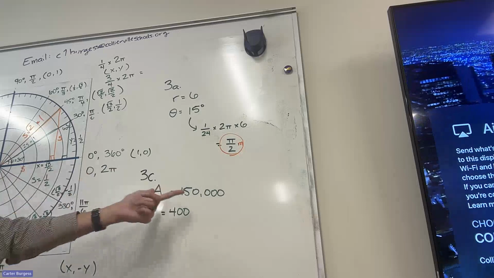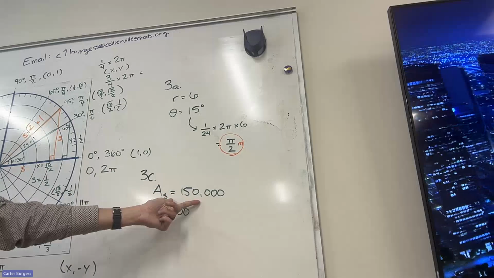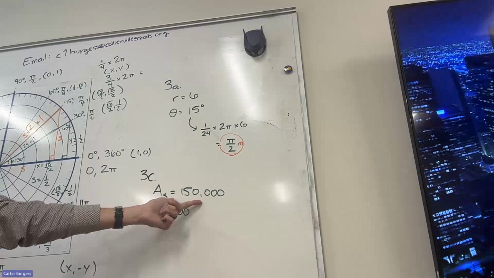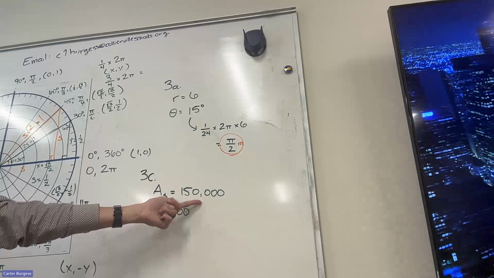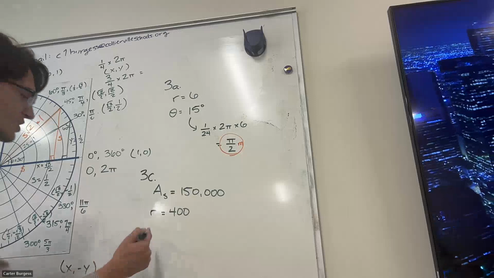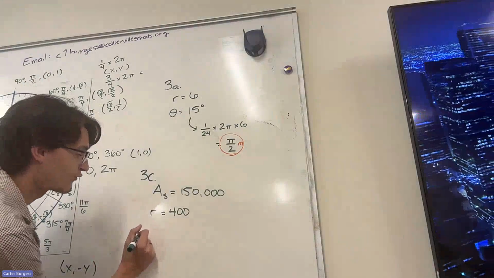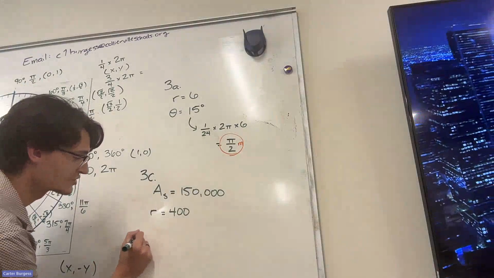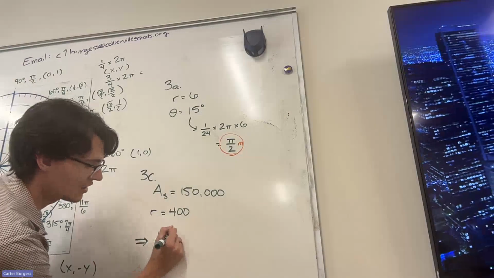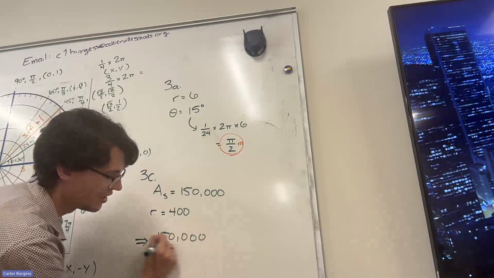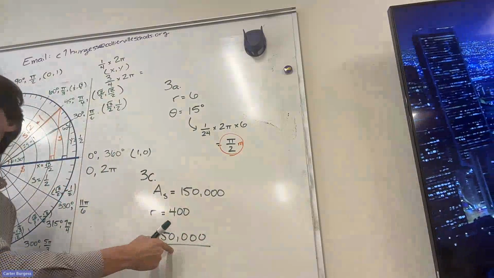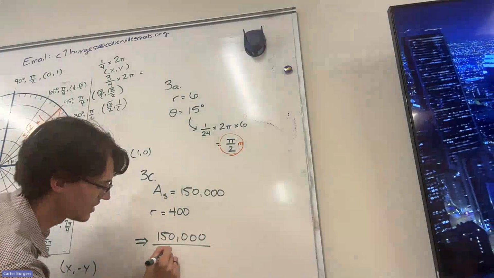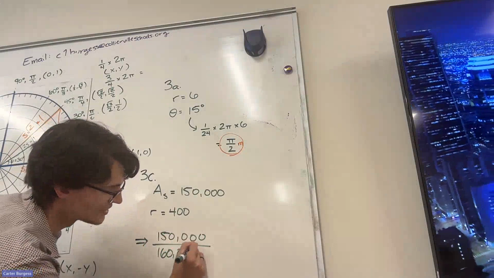We're given a piece of our area. And can we find the total area that we would normally be looking at? Absolutely, we can. So our fraction is going to be this 150,000 over the total area of my field, in this case, 160,000 times pi.